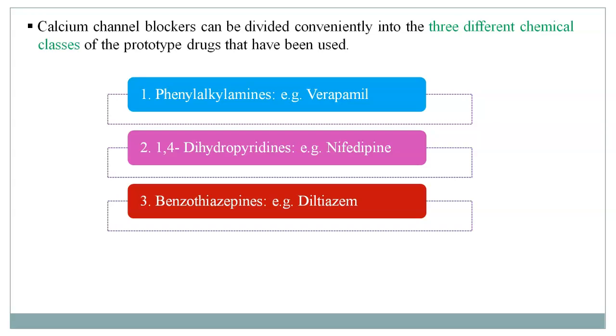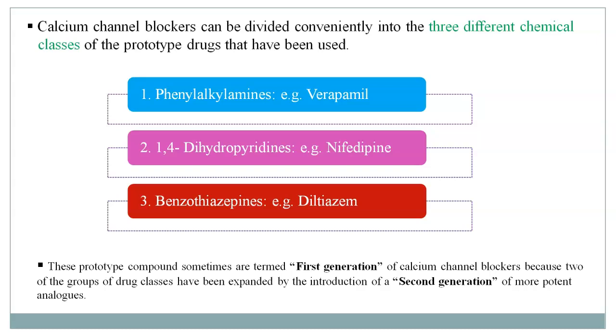The second class is 1,4-dihydropyridines, example nifedipine, and benzothiazepines, example diltiazem. These prototype compounds are sometimes termed the first generation of calcium channel blockers because two of the drug classes have been expanded by the introduction of a second generation of more potent analogs.